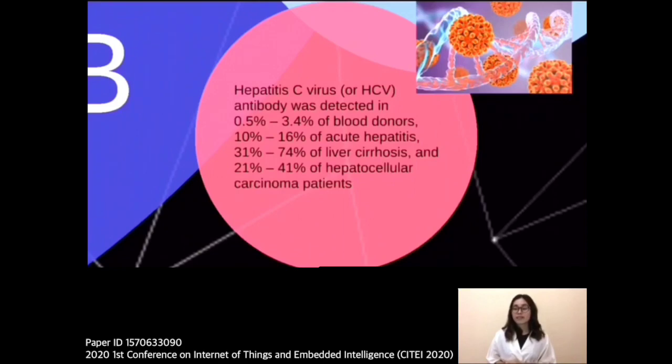Hepatitis C virus antibody, or anti-HCV, was detected in 0.5% to 3.4% of blood donors, 10% to 16% of acute hepatitis, 31% to 74% of liver cirrhosis, and 21% to 41% of hepatocellular carcinoma patients.